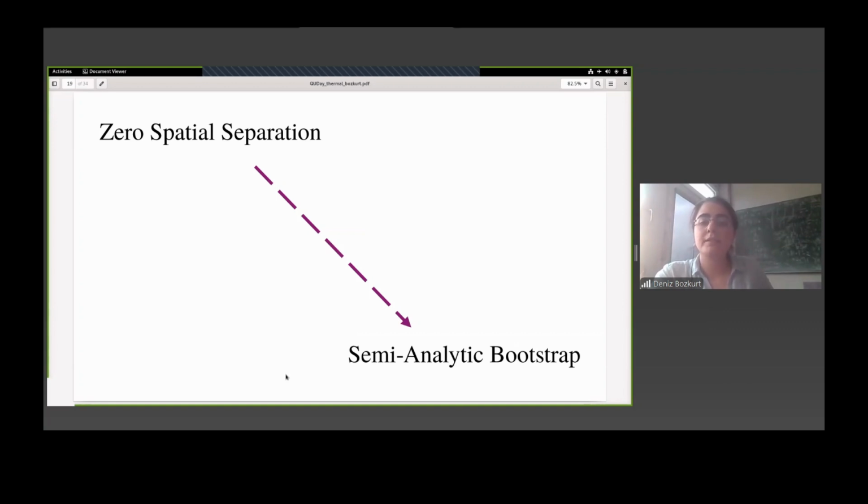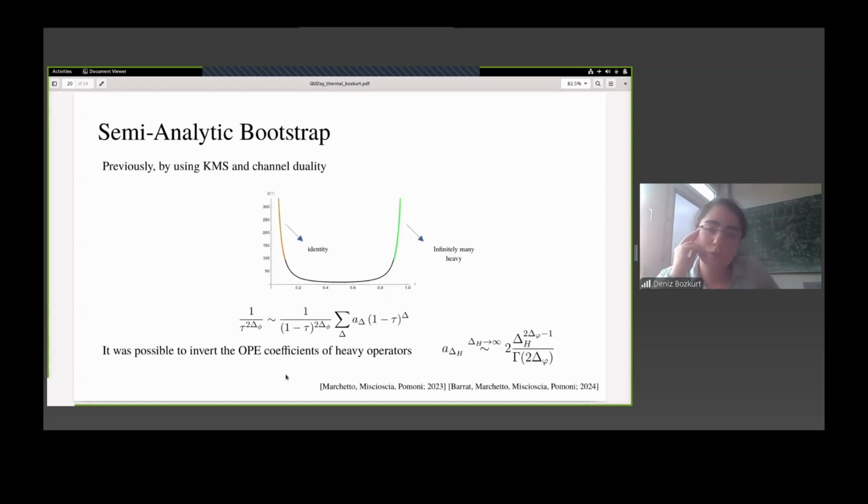So then we use the prescription we have, but we also add numeric results to it to obtain other two-point functions. But before going into the details of this, I want to quickly review this previous numerical way of computing OPE coefficients.